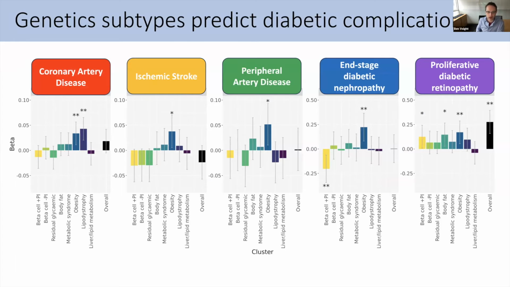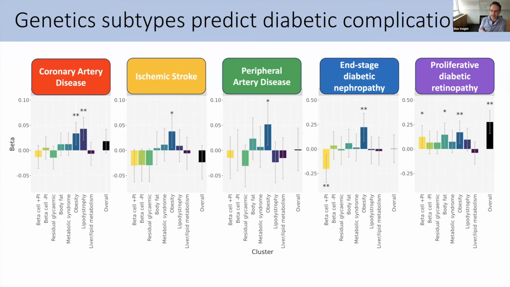So here's that plot, and I'll walk through it for ease. Let's pick the furthest one on the left, coronary artery disease. What I plotted here is the effect size of association between the genetic subtype risk score for each one of those subclusters and increased risk of the trait, in this case, coronary artery disease. What you'll see is that there are two subclusters, obesity and lipodystrophy, that associate specifically with coronary artery disease risk.